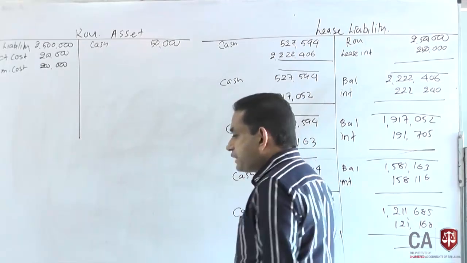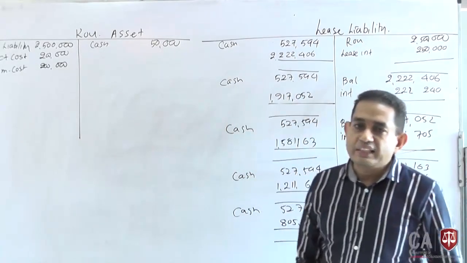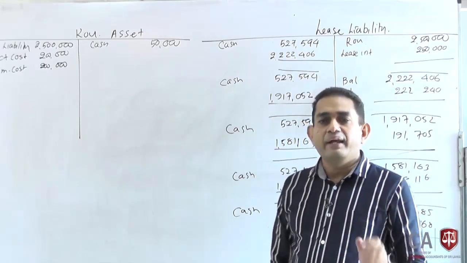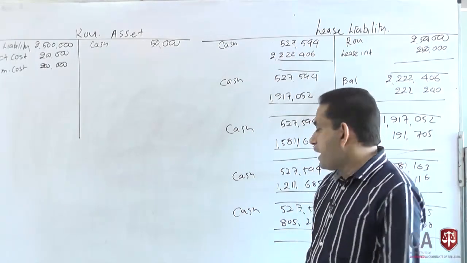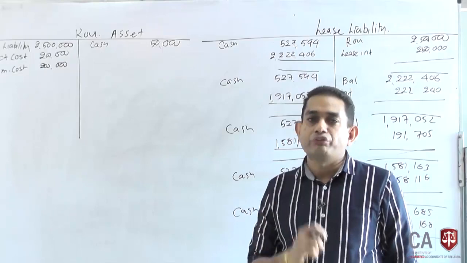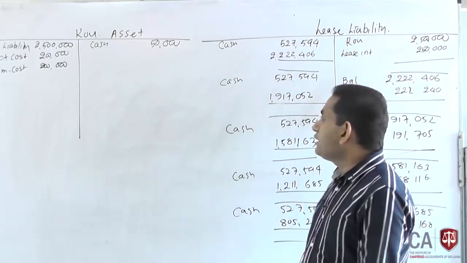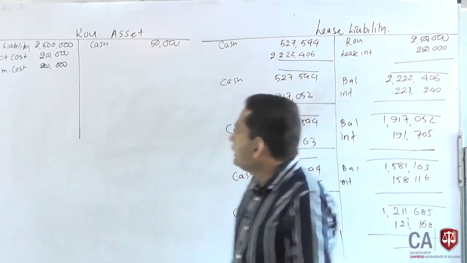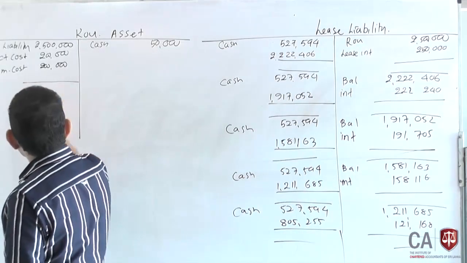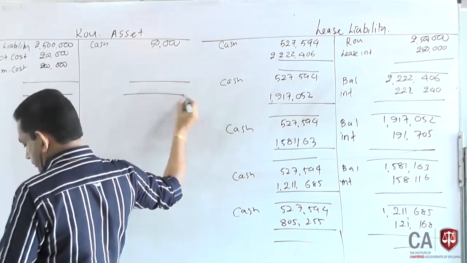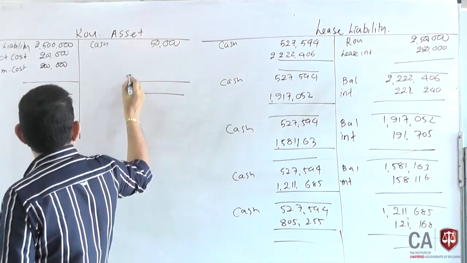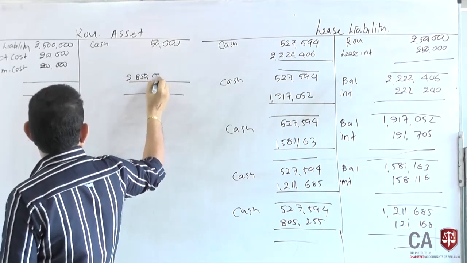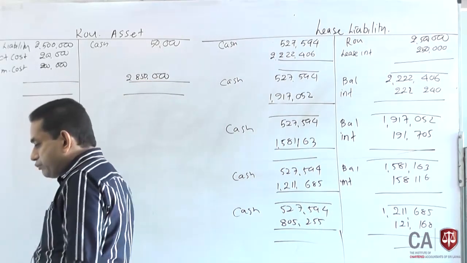This is the residual value which the lessee has guaranteed to pay, and if the lessee makes the balance payment of residual value, the liability value becomes 0. Here asset value becomes 2,850,000.